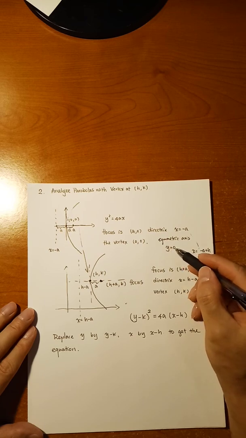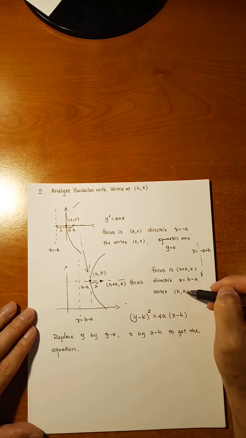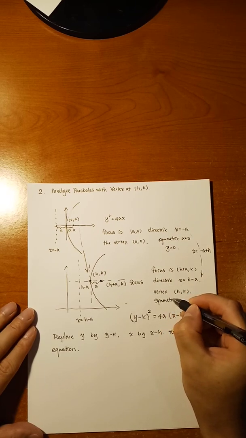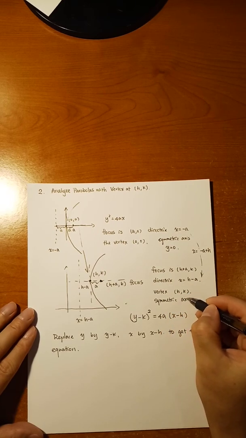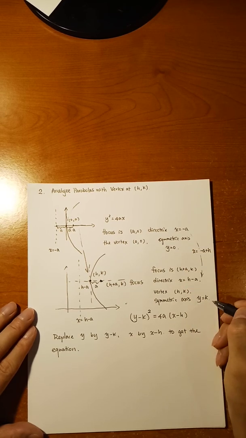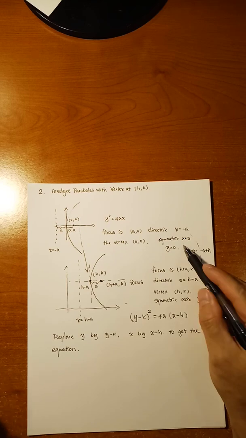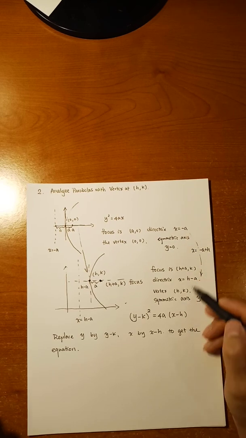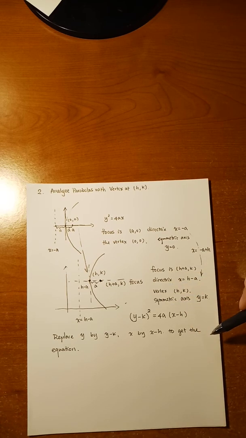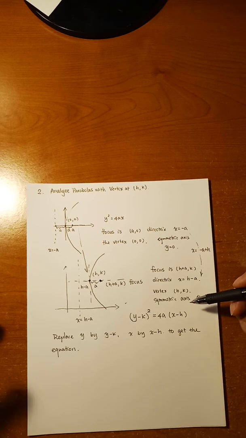Here is y, and y is related to k, so the symmetric axis is y equals 0 plus k, which is k. Here is x equals negative a, so x coordinate plus h, y coordinate plus k. So that's our first situation. That's everything you need to know.